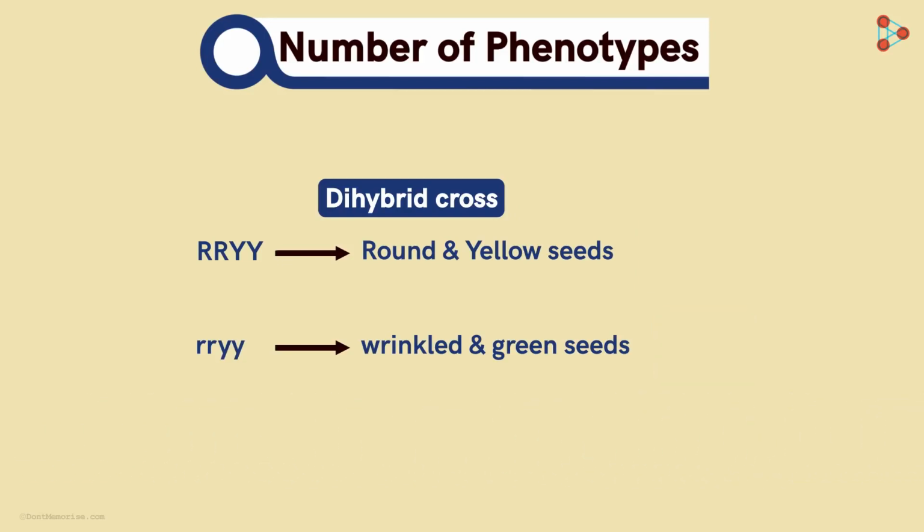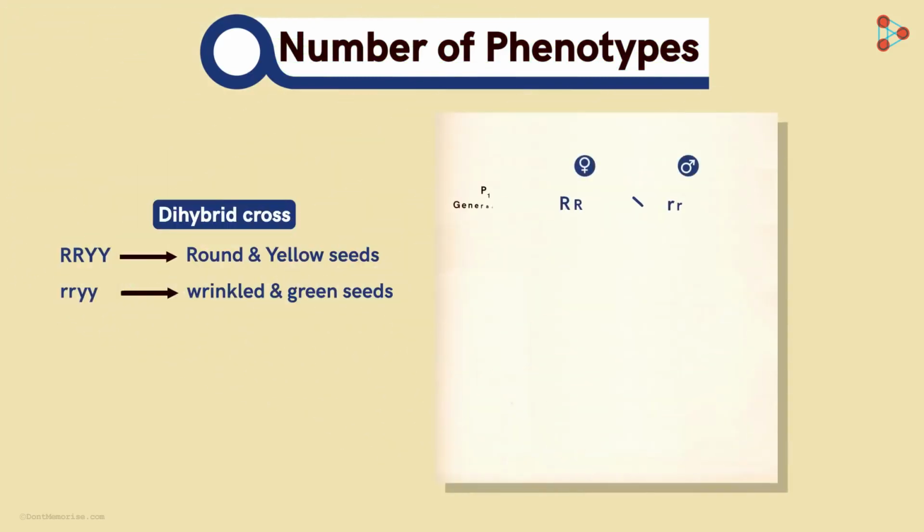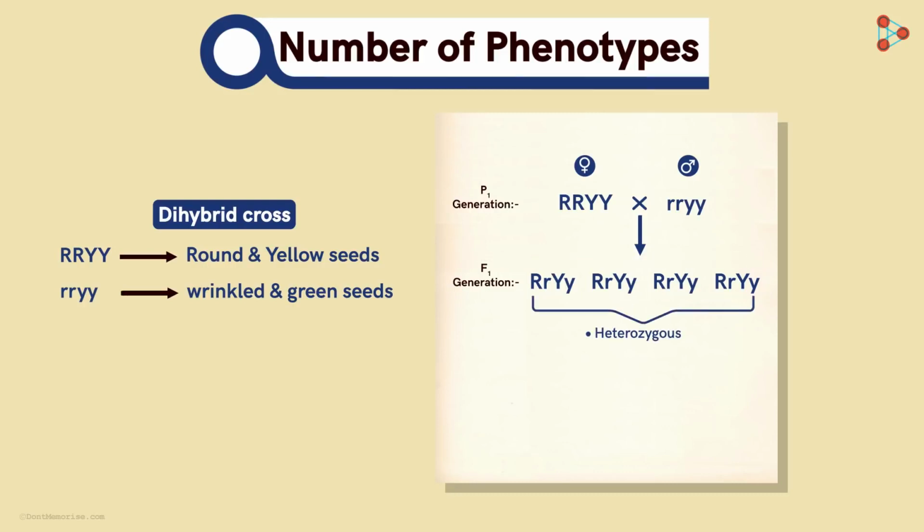We are supposed to calculate the number of phenotypes obtained. On crossing these, the F1 generation, as we know, will always have all the dominant characters expressed. This is because the F1 hybrids are all heterozygous in nature. So there's just one phenotype of the F1 generation, that is round and yellow in this case.